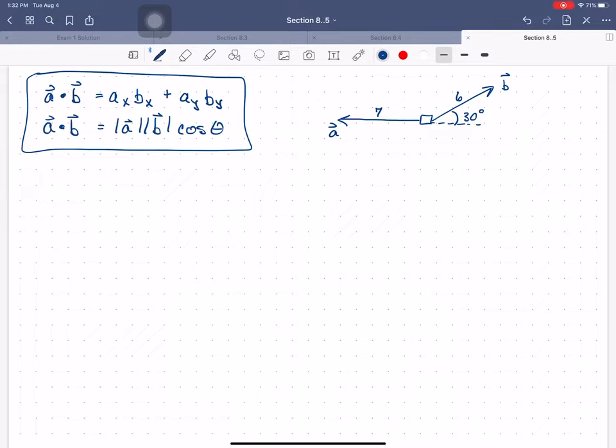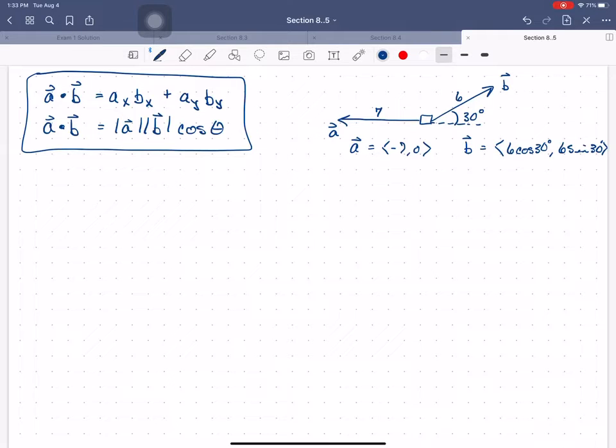Now, I can do this two ways. I've got enough information to get the component form, right? So I could easily write vector A in component form as -7, 0, and vector B as 6 cosine 30 degrees, comma 6 sine 30 degrees.